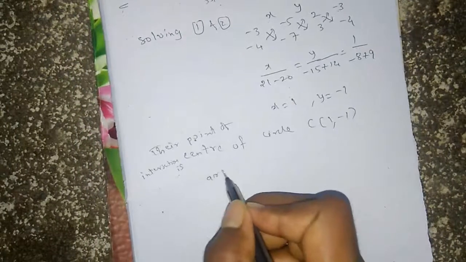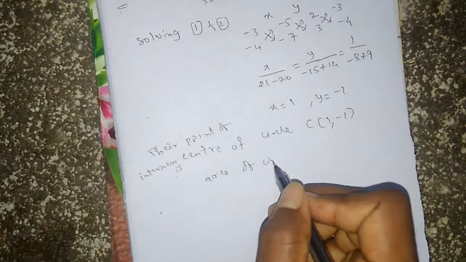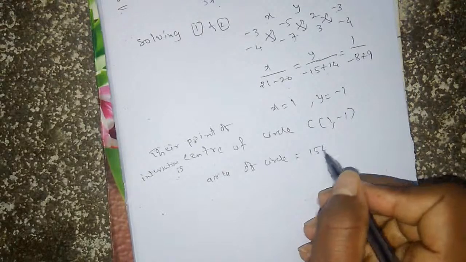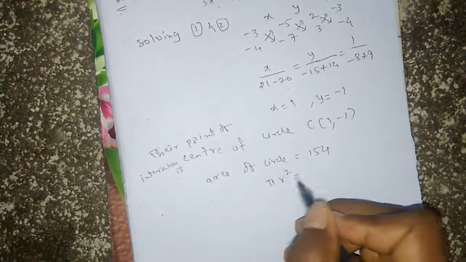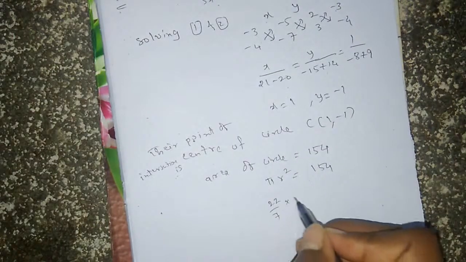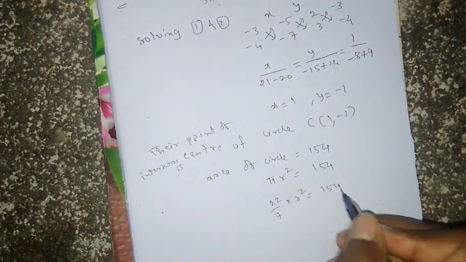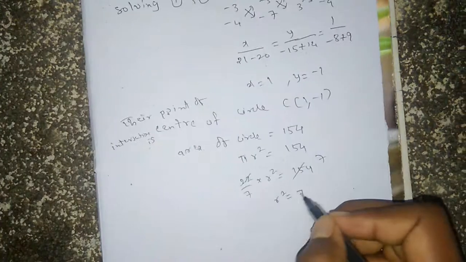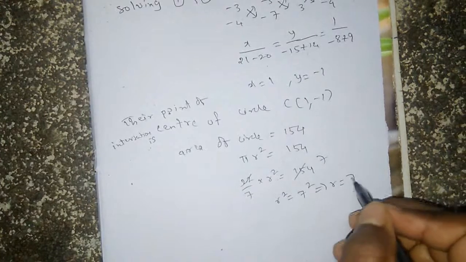And the area of the circle is given as 154 square units, that is πr² = 154. Let us take π = 22/7, so (22/7)r² = 154. The 22 and 7 cancel, so r² = 7², which implies r = 7.